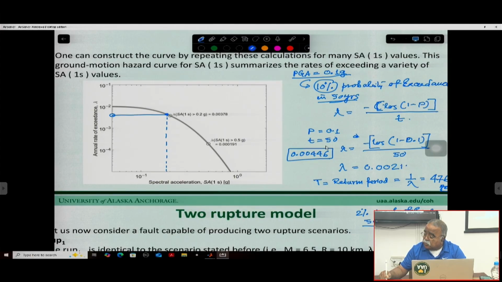That will be the G value. If it is G or spectral acceleration, then this will be the number for that particular site. So what we will be doing is basically for all the sites.